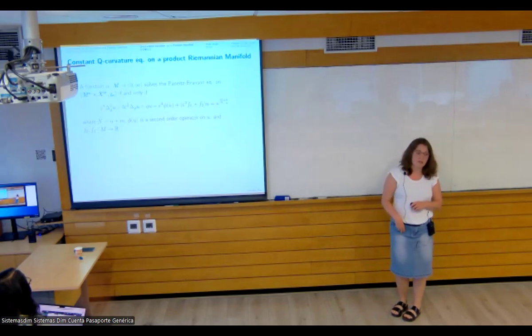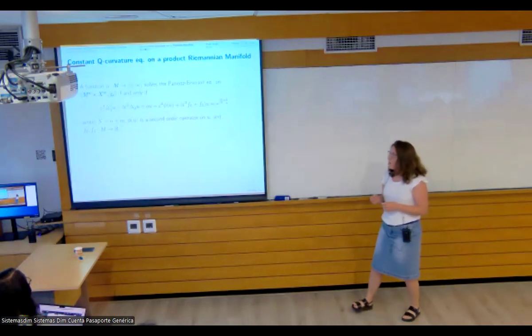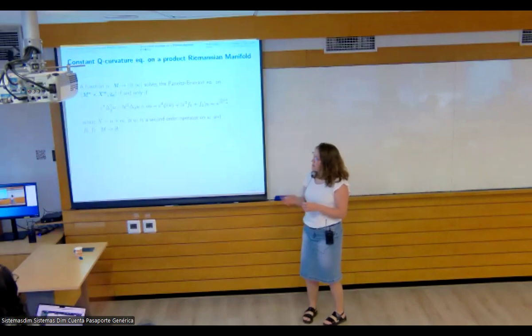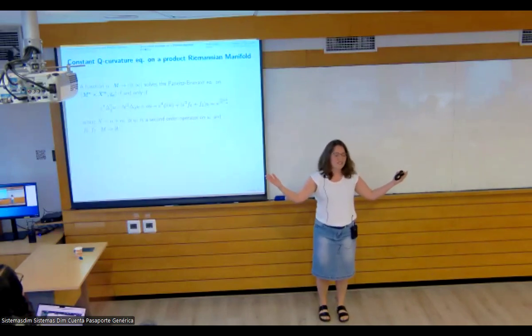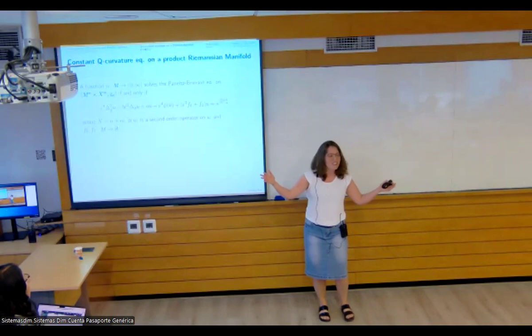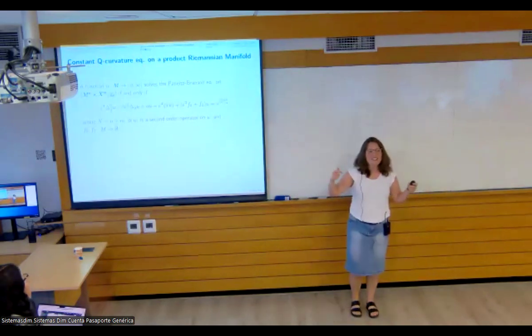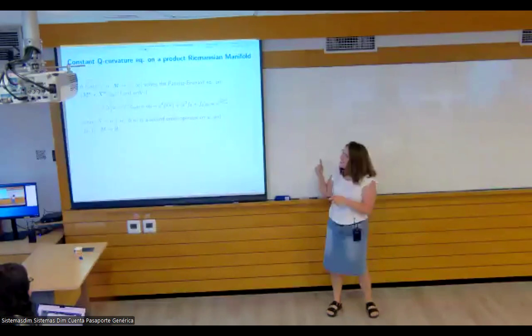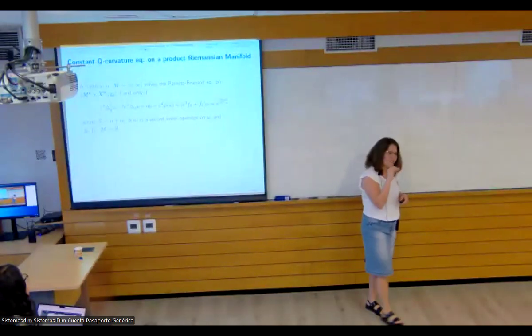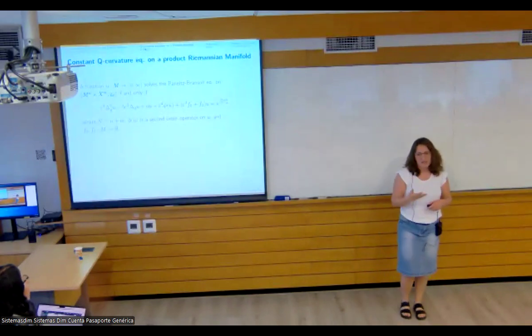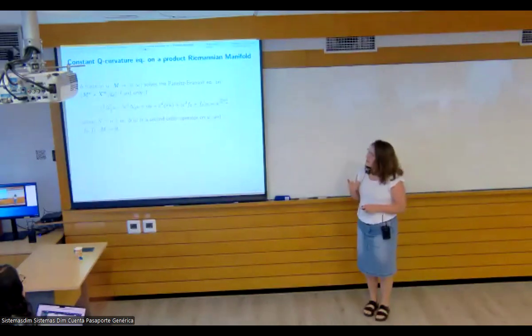Well, on a product manifold, under these conditions, the Paneitz equation will be very long. But if we look for solutions that depend only on the first manifold, it will simplify a lot.